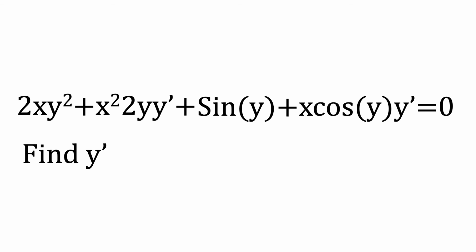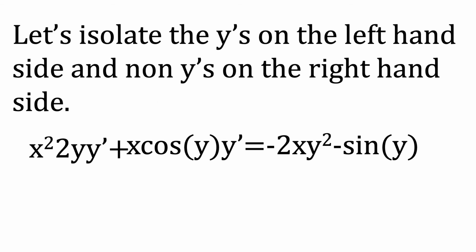Okay, let's say we want to find y prime. Here's the procedure. Let's isolate the y prime terms on the left-hand side and the non-y prime terms on the right-hand side. Using our algebra skills, we have to subtract these other terms.